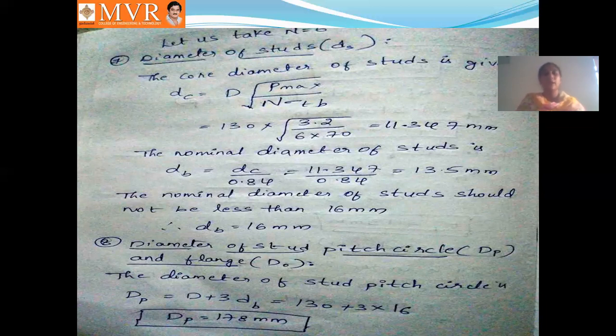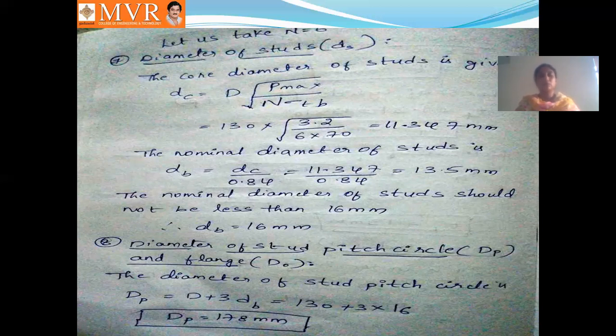Next, the diameter of stud pitch circle and flange. Diameter of stud pitch circle is dp and flange is do. The diameter of stud pitch circle is dp is equal to d plus 3 db. Substitute all the values, you will get the dp value.